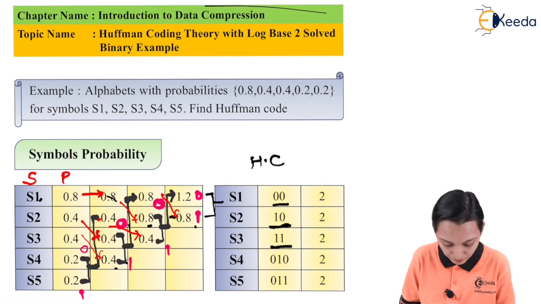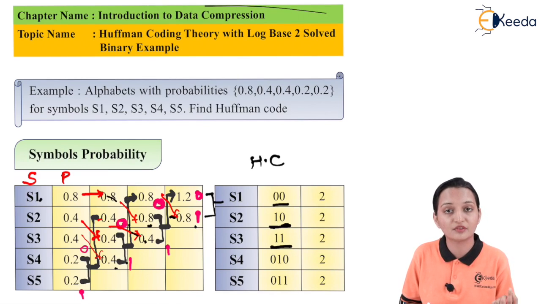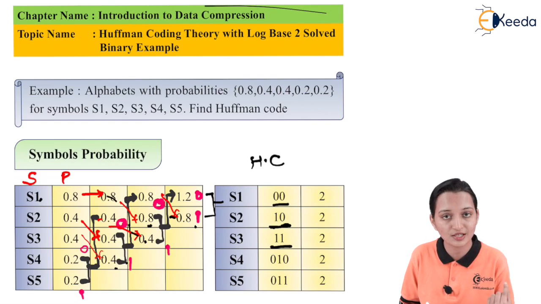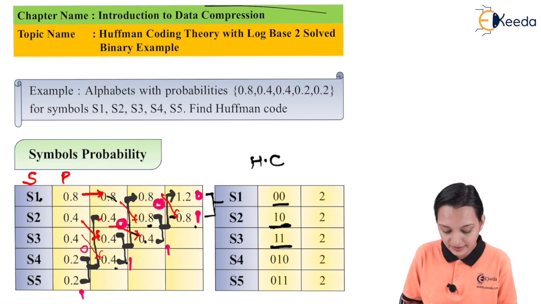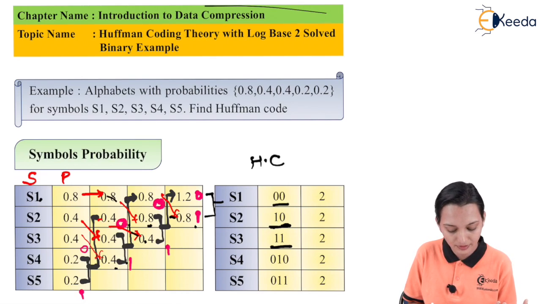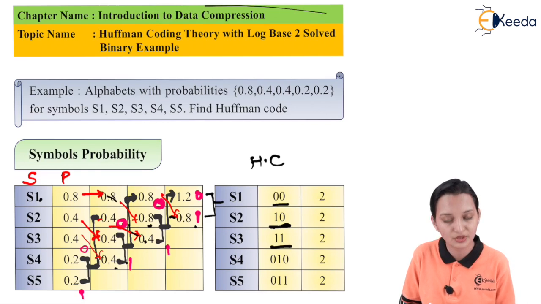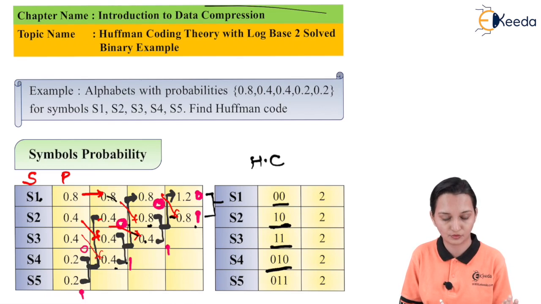After that this 0.4 gets shifted over here, where the binary value of the 0.4 is 1. So 1 will be the next level answer. These 0.4 and 0.8 get combined and its answer is 1.2, and the value in binary representation is 0. So the total answer is 0, 1, 0 for S4.